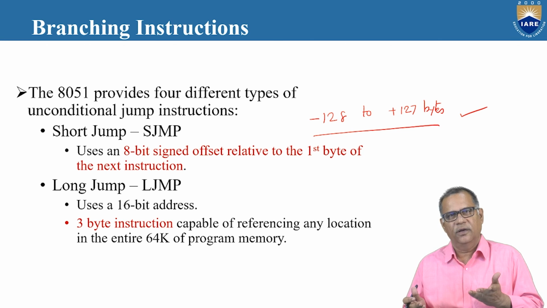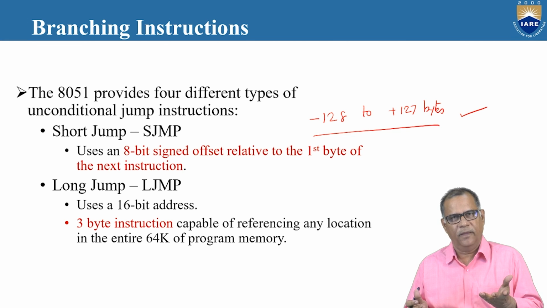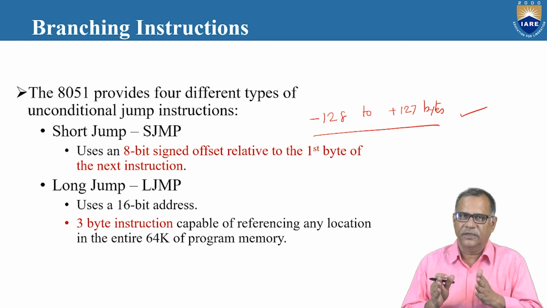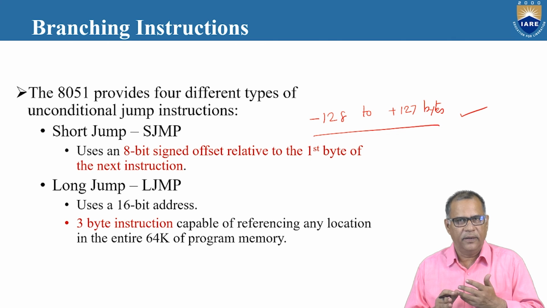In long range, we have branching in a 64 kilobyte space. In absolute branching, you can have the range within 2 kilobytes of space, and in short jump, you can have branching from minus 128 bytes to plus 127 bytes.